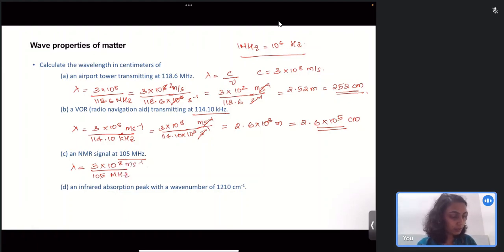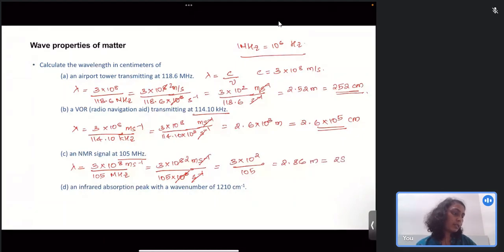One hertz is equal to 1 second inverse. When you cancel this off, it will be 10 to the power 2 over 105, with second inverse canceled. This will come down to 2.86 meters, which is 286 centimeter.